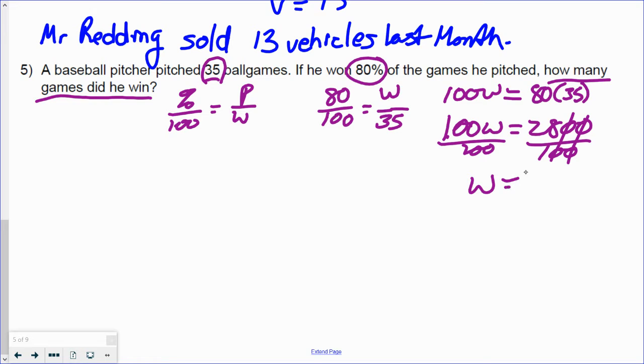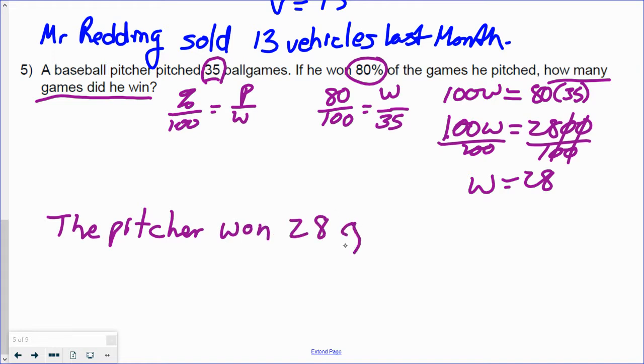So W equals 28. And remember, if it's a word problem, you should answer it in sentence form. The pitcher won 28 games.